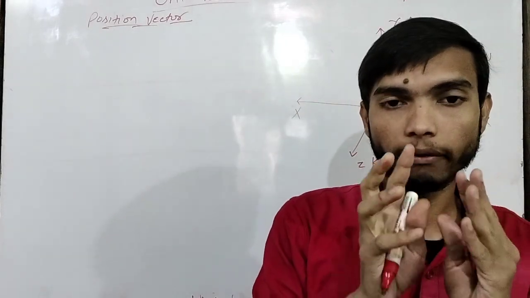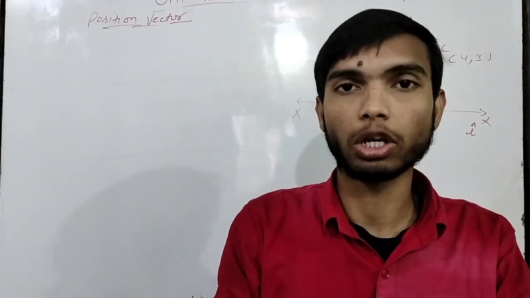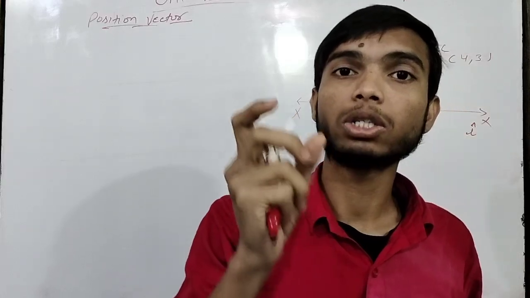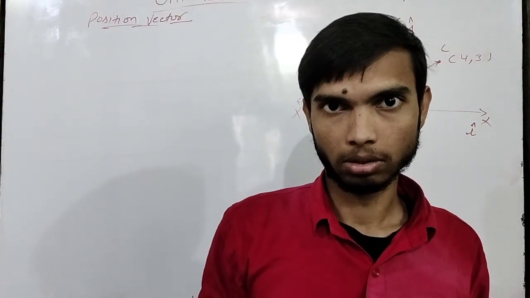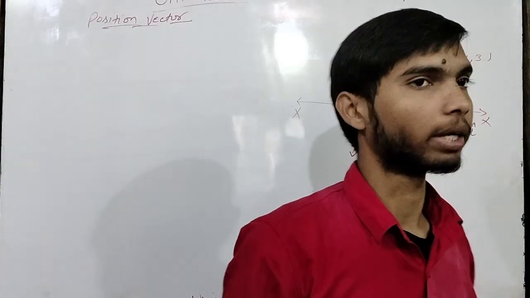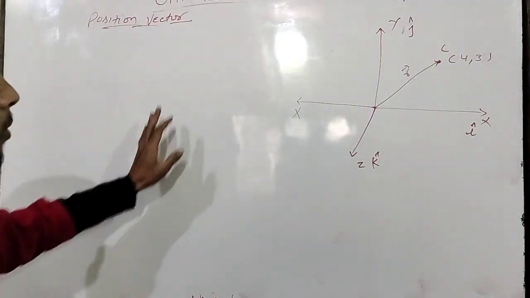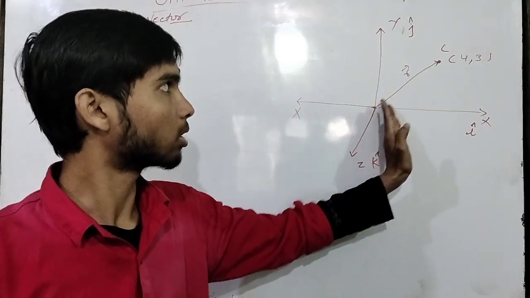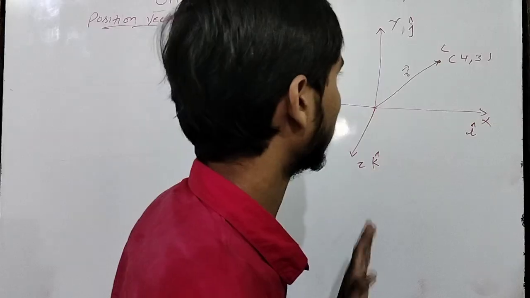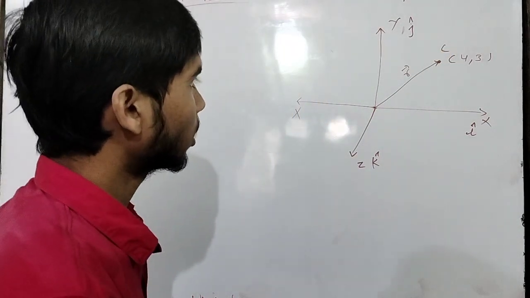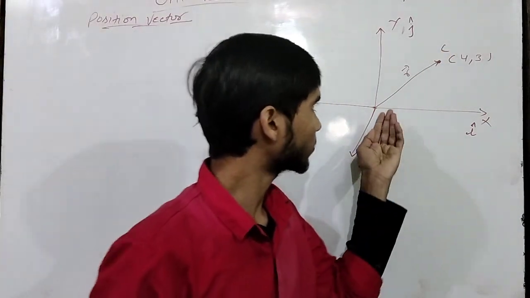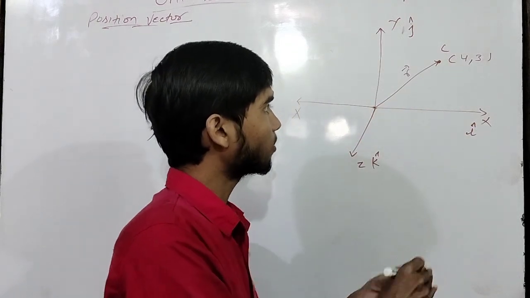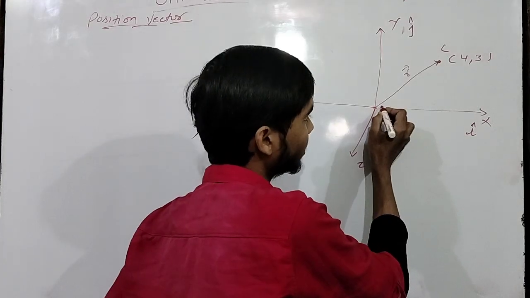So when you are going to find the location of any particular vector, observe what the reference point is, then identify it. In this case, our reference point is the origin. So from the origin, we will draw this vector till this particle. Now, in this axis, how much do we have to cover?